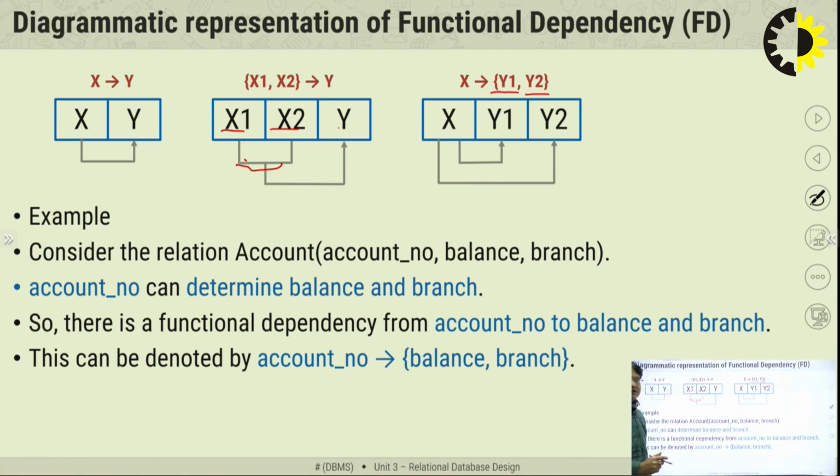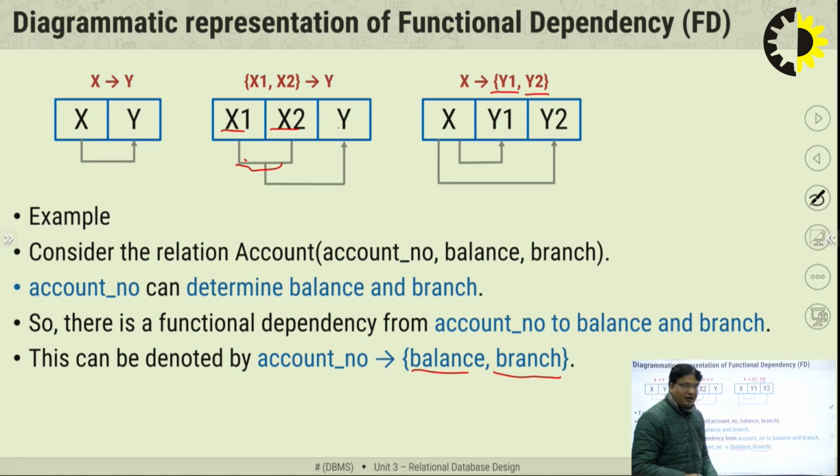Now, consider an example of relation account having the attributes account number, balance and branch. Account number can determine both balance and branch. So, there is an FD from account number to balance and branch. How to represent this? Account number determines balance and account number determines branch.